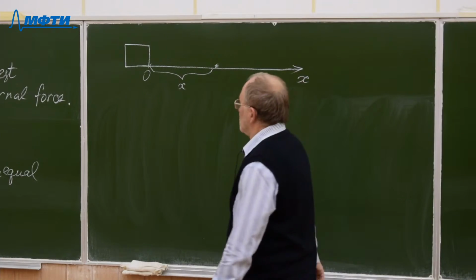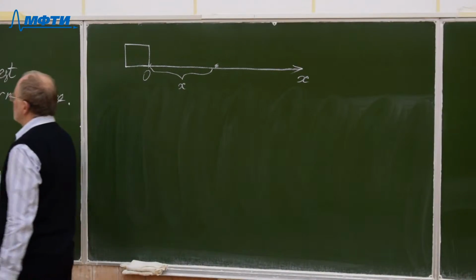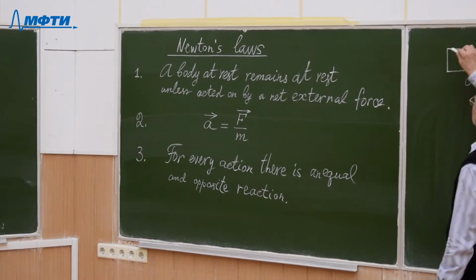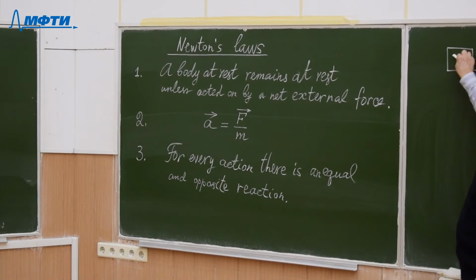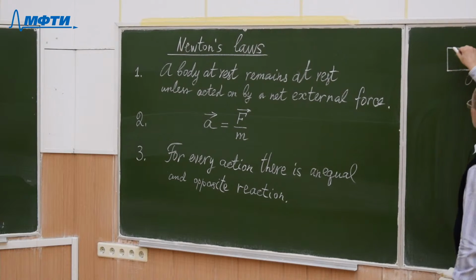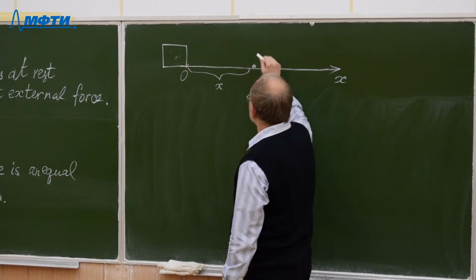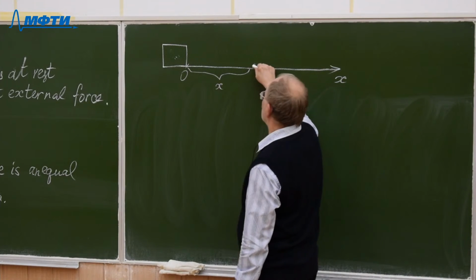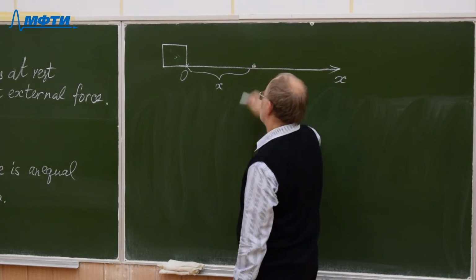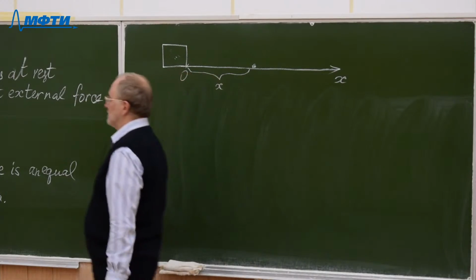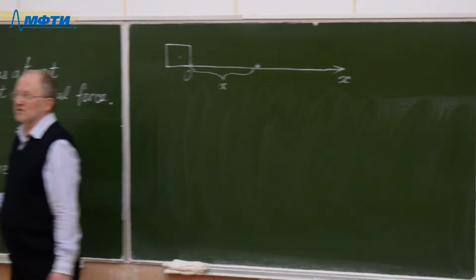So what the first Newton's law actually means is that there is always such a reference system that if we consider some other body in relation to this reference system, and if no forces act upon this body, then its coordinates remain at rest if it was at rest. If a body is at rest, then it remains at rest.